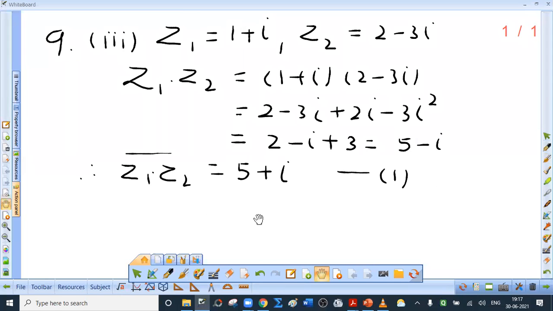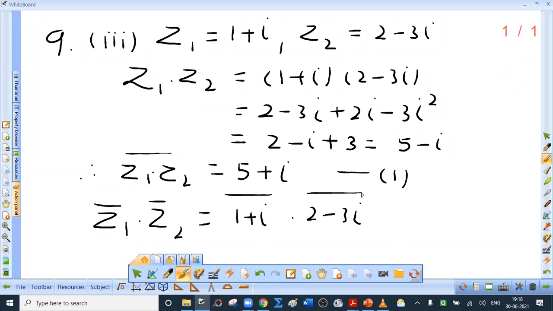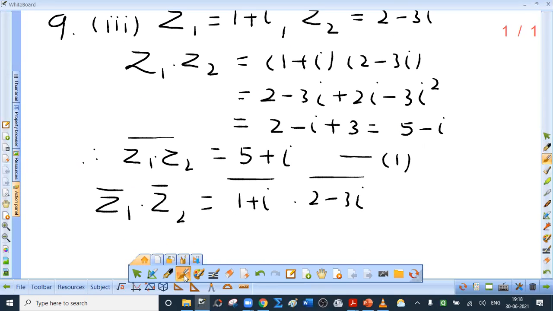Now, I will find the product Z1 bar into Z2 bar. Z1 bar into Z2 bar is nothing but 1 plus i bar into 2 minus 3i bar. Now what is the conjugate of 1 plus i? 1 minus i. And that of 2 minus 3i? 2 plus 3i.